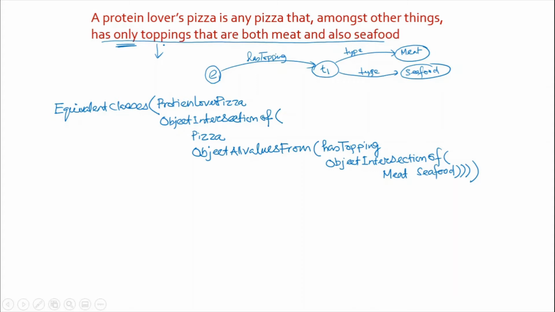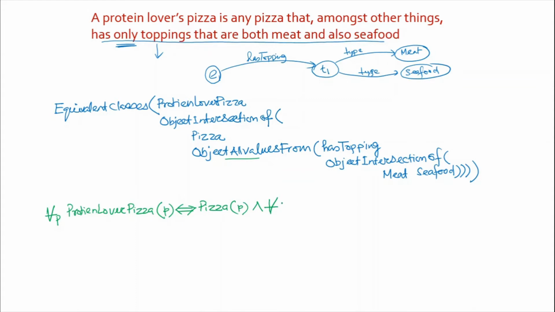Now coming to the first order logic form of this. Again we'll be having this both way implication, right? So our representation would be: for all P, protein lover pizza P both way implies that P is a pizza, right? And as we are having this object all values from, we have to represent that using for all.